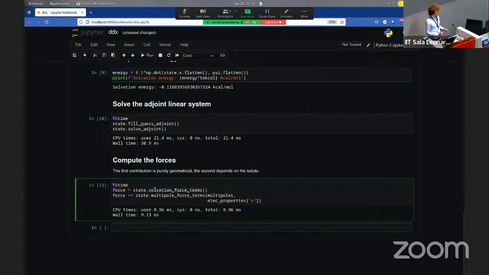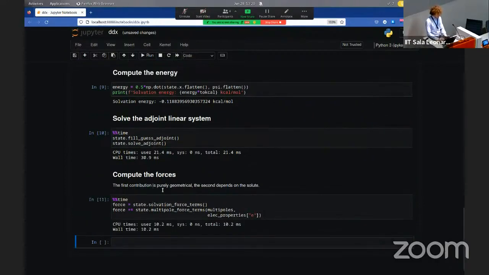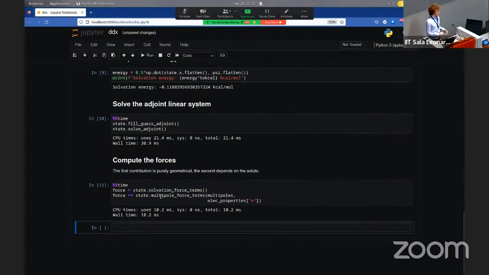So I said, okay, first we have everything that does not depend on the nature of the solute, which is this first contribution, and then everything which depends on the solute. Well, if the solute is made of point dipoles, then we have the helper functions that I mentioned before. But if the solute is something strange, like a quantum mechanical density, then the user should use the quantum mechanical package to actually compute some force terms.